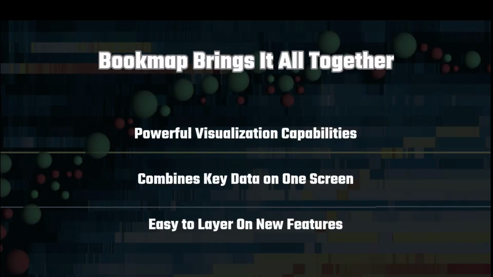So why do I use Bookmap to watch order flow? The biggest reason is that it brings a lot of this together on a single screen, which makes my job a lot easier. I do have a lot of screens in front of me, but believe it or not, I don't want to dedicate them all to charts. I want discrete charting for specific instruments and time frames, and I might tie that up to 1 or 2, maybe 3 screens.